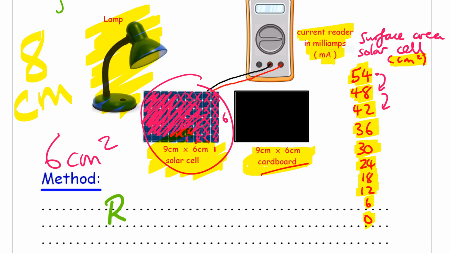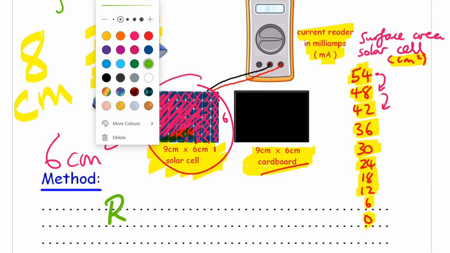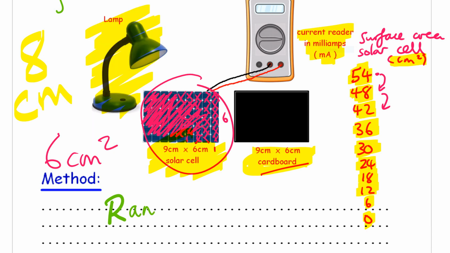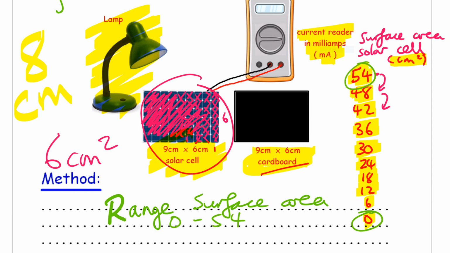The range of surface area goes from 0 to 54 centimeters squared.